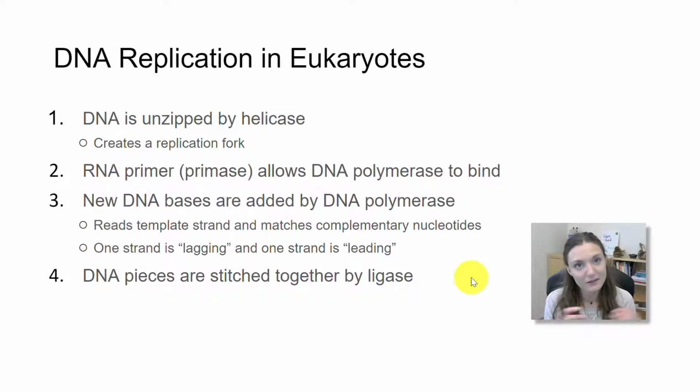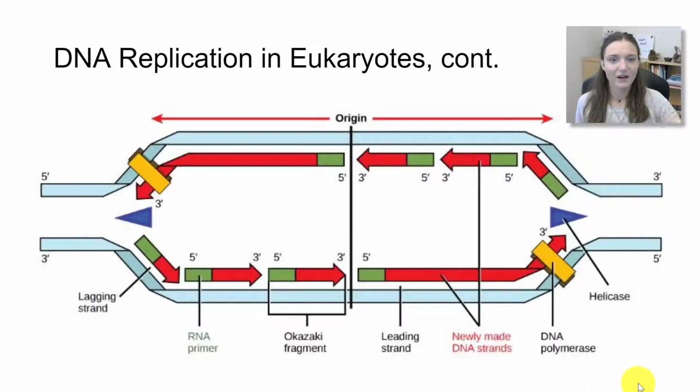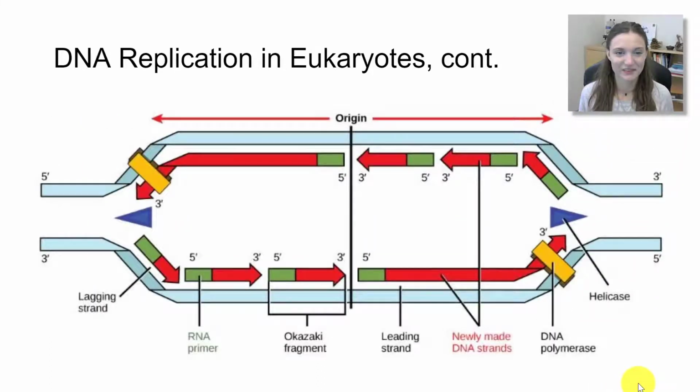And then the RNA primers are removed, and the ligase enzyme connects together the individual pieces of DNA. Okay, this is our outline of what's happening in this next image. This next image is a representation of how DNA replication occurs. Okay, a lot going on here. Let's start on this right-hand side over here.